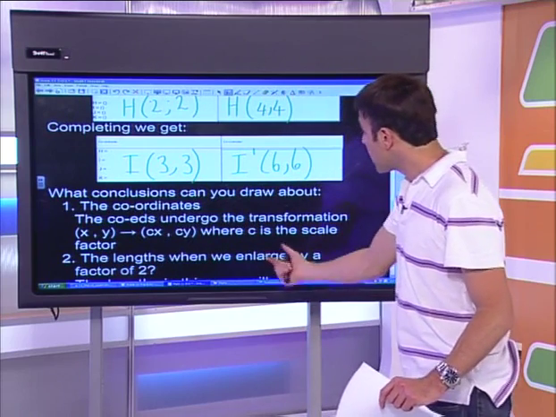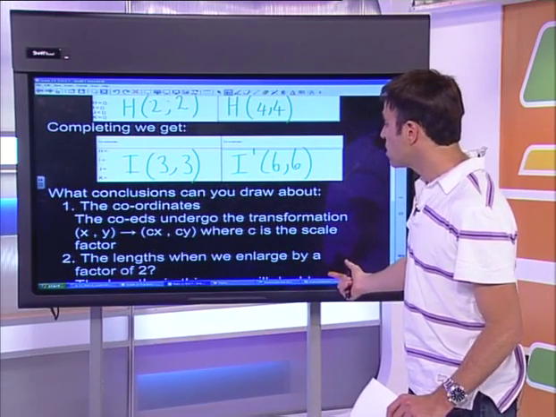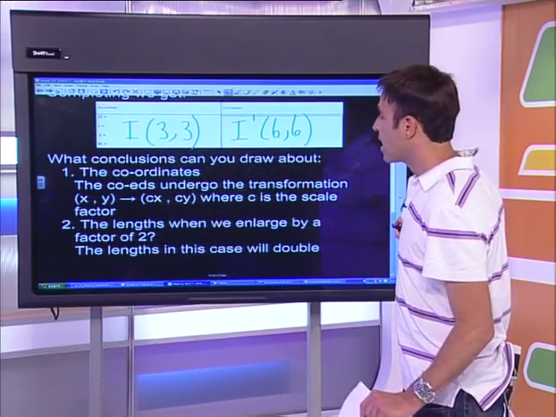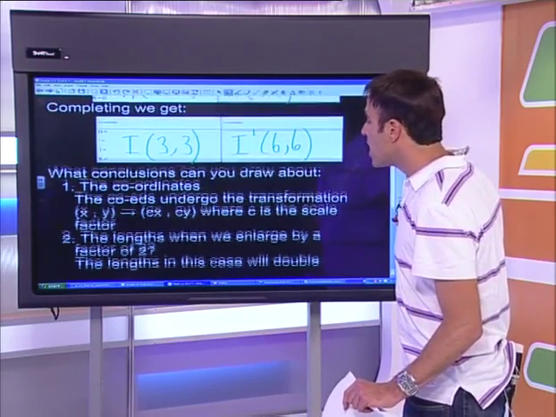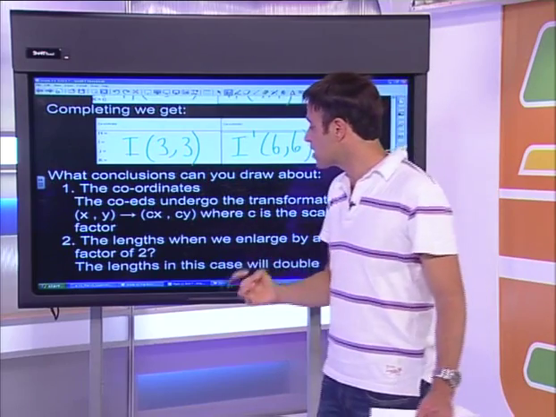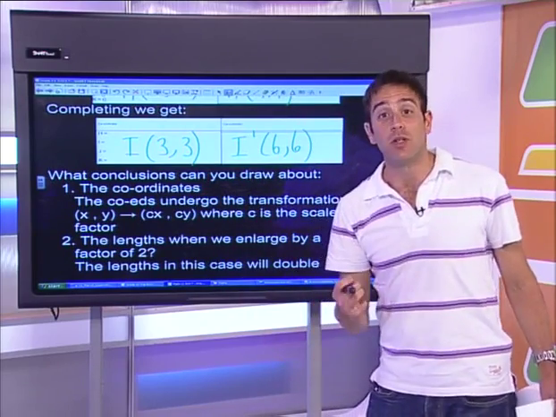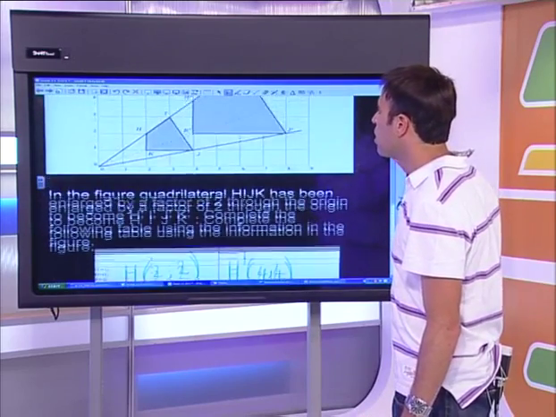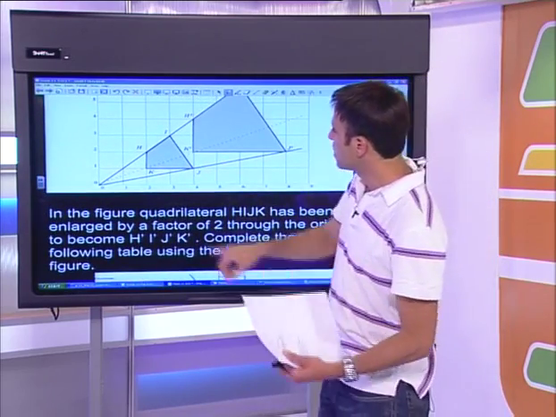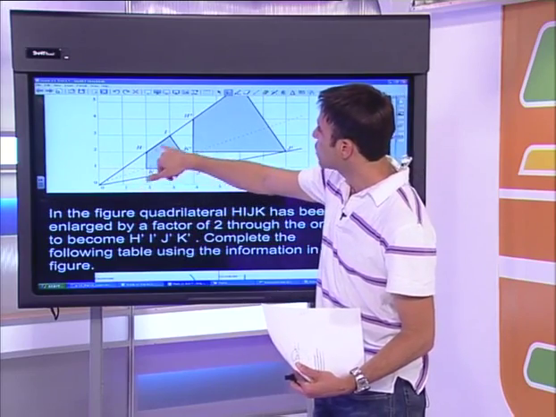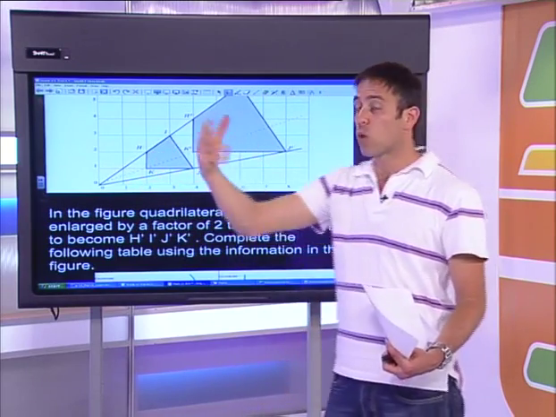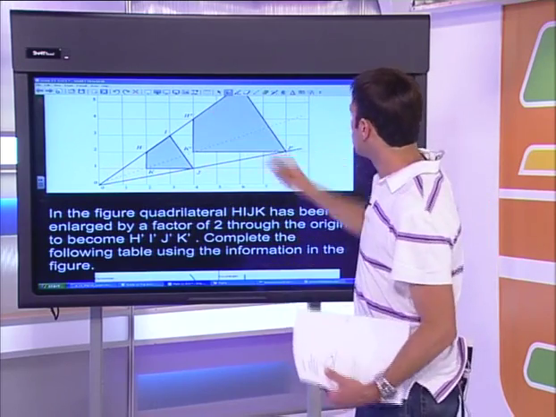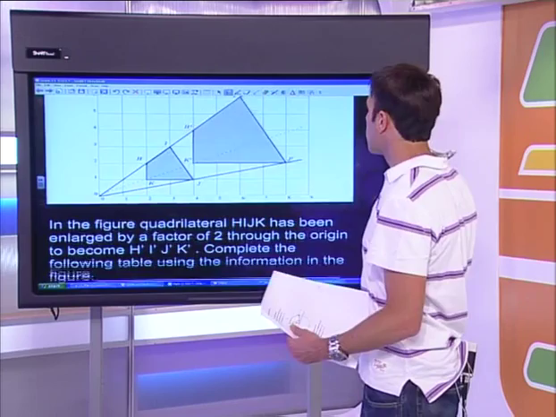It then says the lengths, when we enlarge by a scale factor of 2, okay? And of course, the hint here is that the lengths in this case will double. So I don't want to get too much into exactly what the lengths are, but if you say, for example, that the length of line HI is maybe 1 unit or root 2 units or whatever the case may be, it's going to double when you go from H prime to I prime.